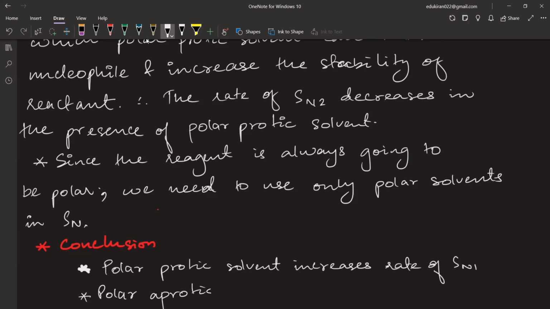Polar aprotic solvent increases rate of SN2. This is the conclusion.